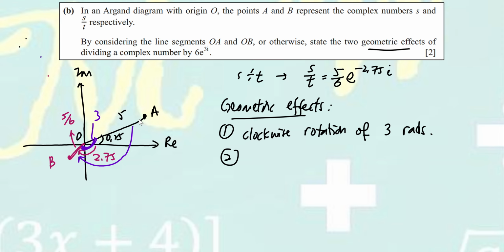Look at the length of OA. OA initially was 5, but once you divide by t, it becomes the length of B, which is 5 over 6. So instead of 5, it now becomes 5 over 6, which is 1 over 6 of the original length. So here I will write enlargement.